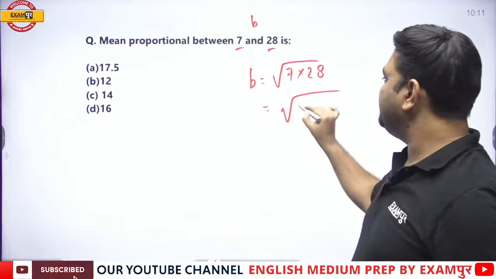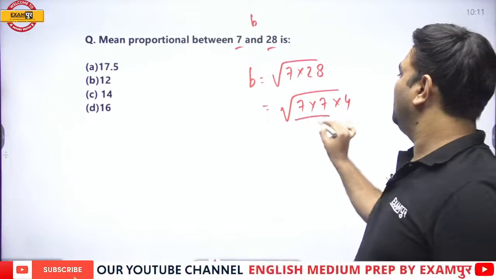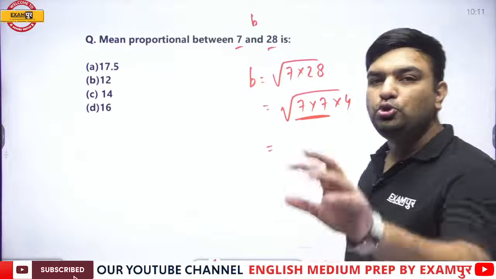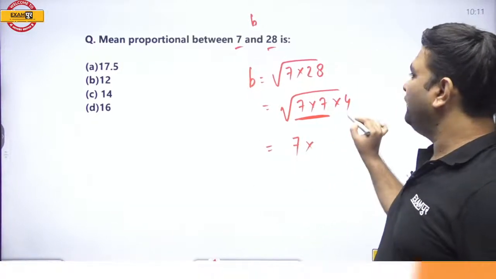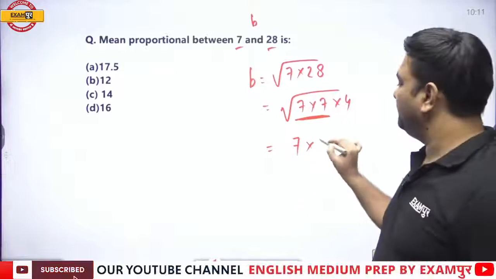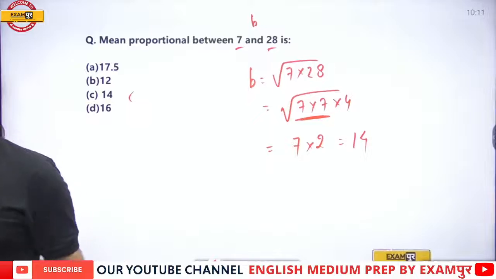Do the factorization: 7 times 4 is 28. 2 7s will come outside as 1 7, and 4 will come outside as 2. So 14.